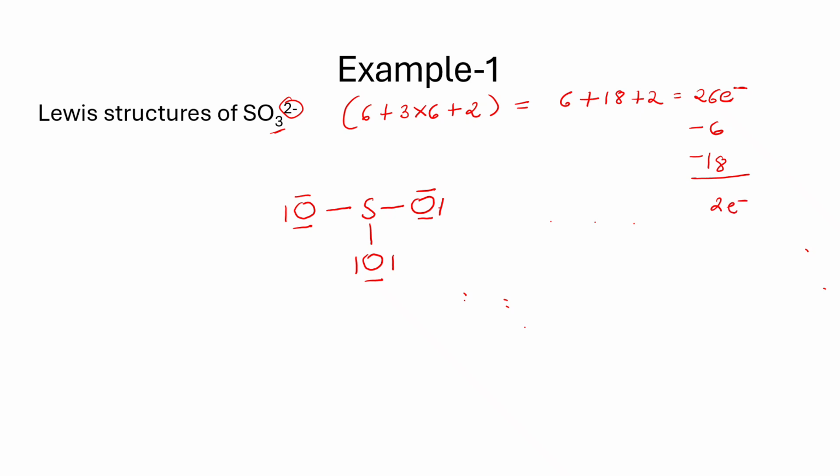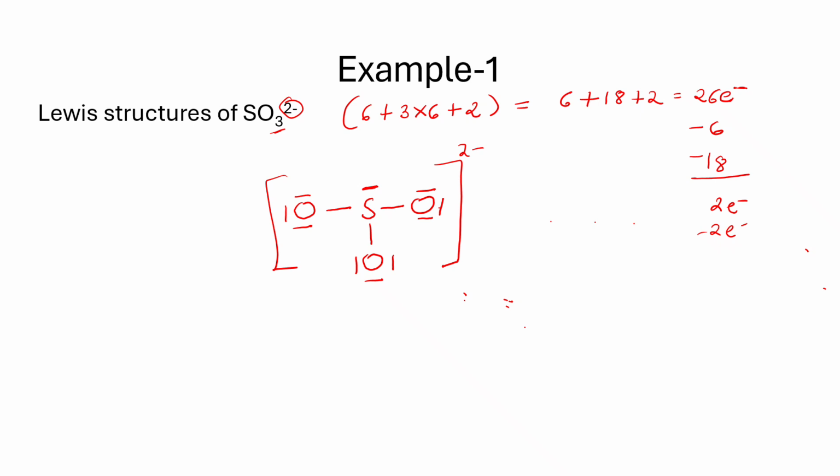And as per the rules we have followed, we can have a lone pair of electrons here, and that basically solves our problem, right? So all the 26 electrons have now been accounted for, and this is one of the Lewis structures of SO3 2-.